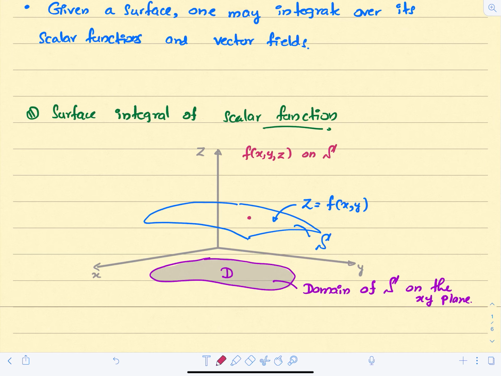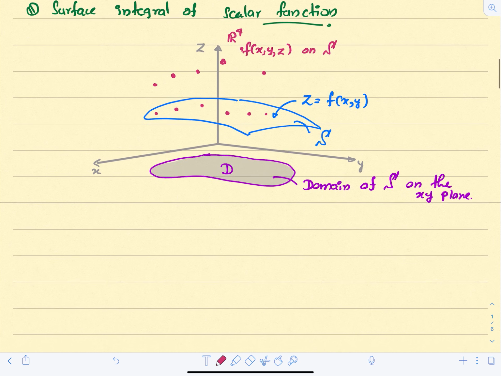I will draw it like this, but this is in R4. So at every point on the surface we have a function value, and so on.